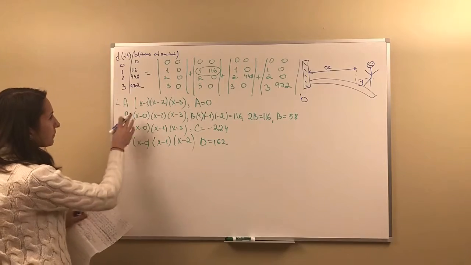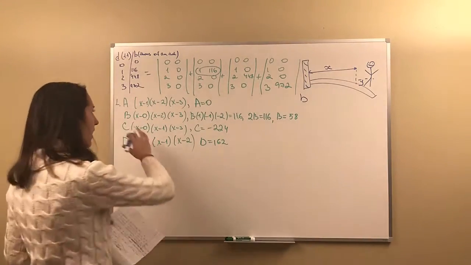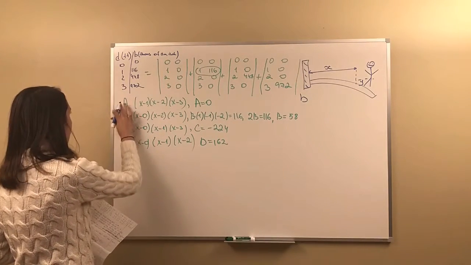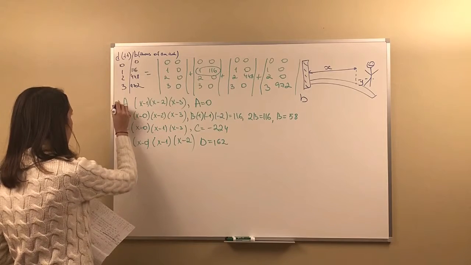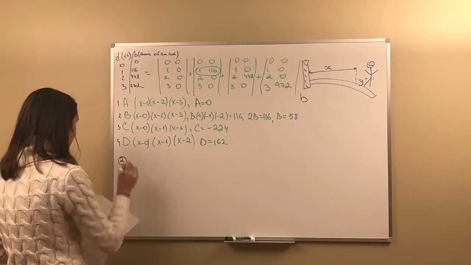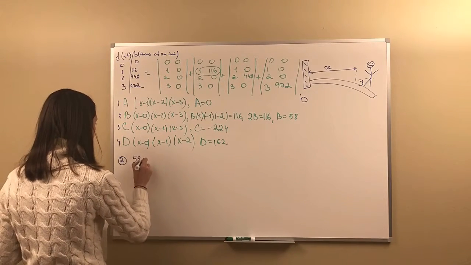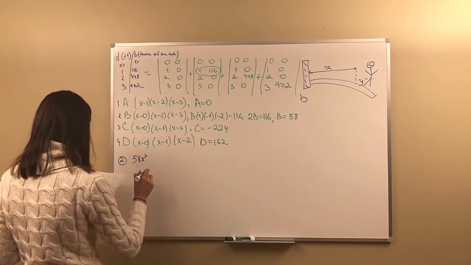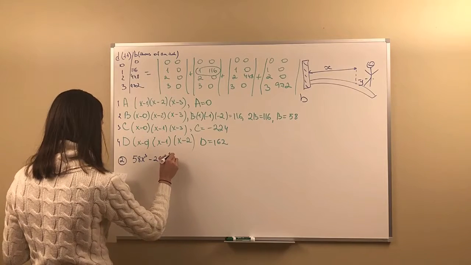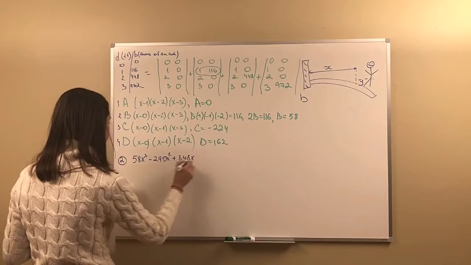So here, when a equals 0, the whole polynomial is 0. So that's basically gone. We don't have that part. So the second one, after simplification, will be 58x cubed minus 290x squared plus 348x.